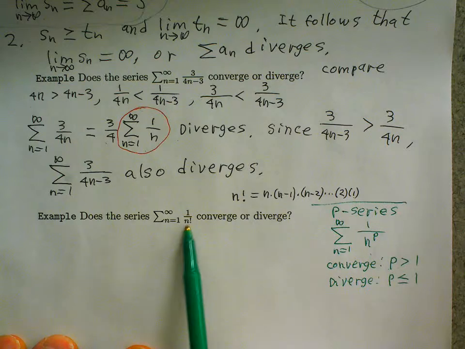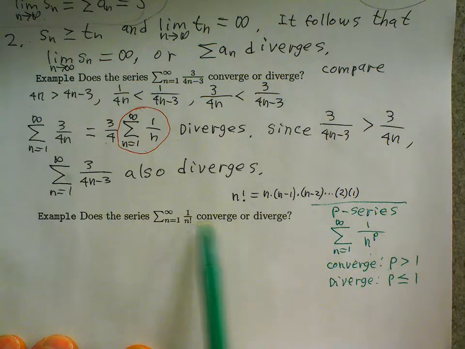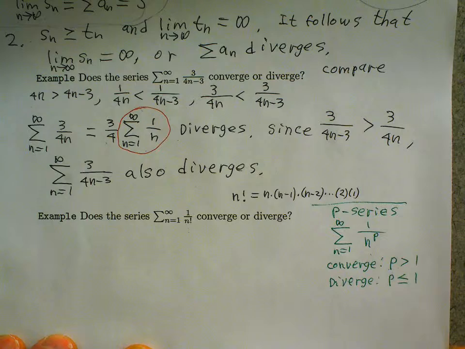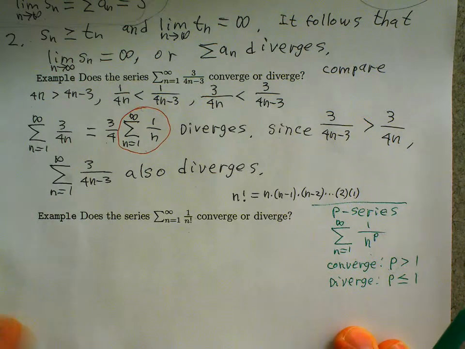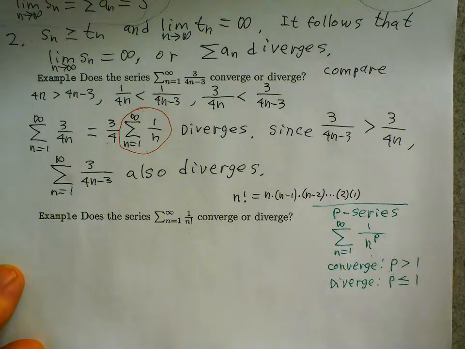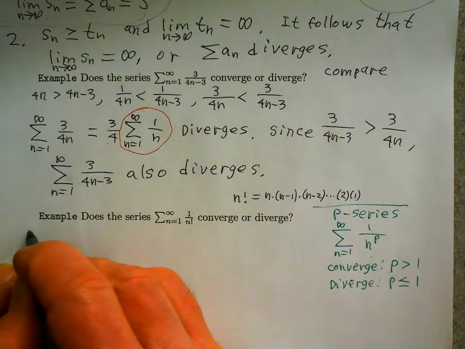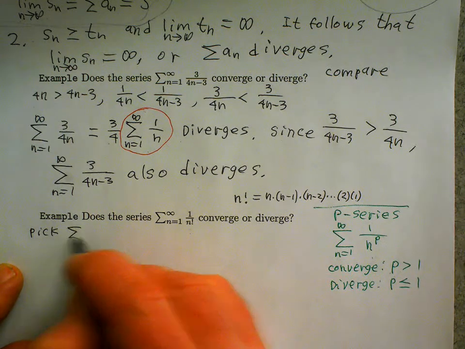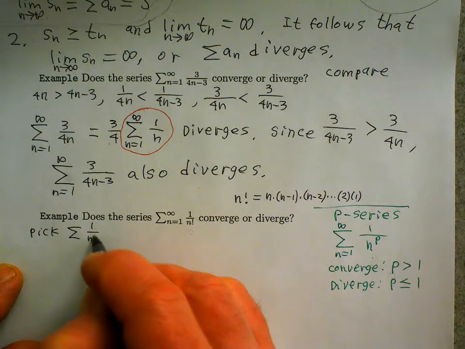So since n factorial gets really big really fast, that means that 1 over n factorial gets small really fast. So my suspicion is that this converges. So for the comparison test, I'm going to pick this series of 1 over n to the second.